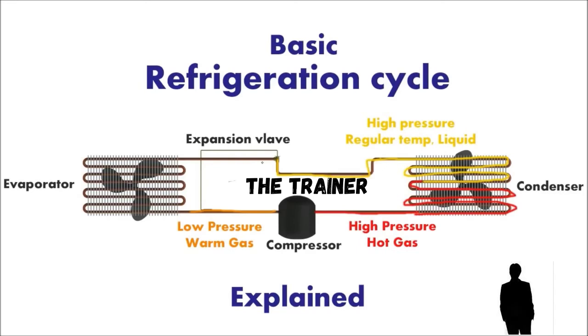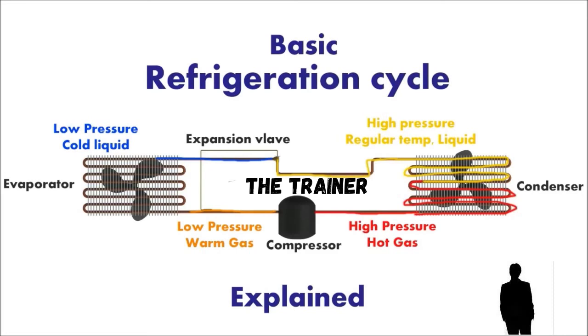As it expands, the molecules within it move further apart, and this drops the temperature and pressure of the refrigerant, so it leaves as a low pressure cold liquid. And draw that on there as well. So as that leaves the valve and into the evaporator as a low pressure cold liquid.